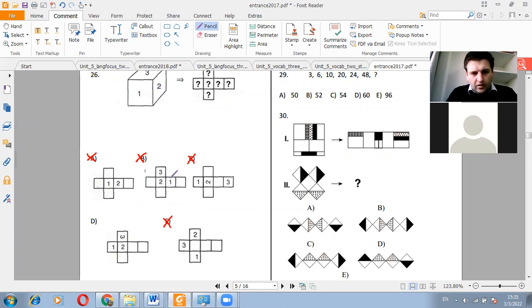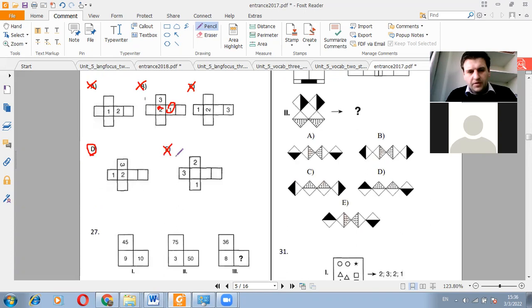And if you take 1 as the front side, 2 would be on the left, not on the right. So we only got choice D. That's how you do this kind of question, by eliminating the obvious choices, and then when you come to 2, you will just use the knowledge that you have about solving these types of questions.